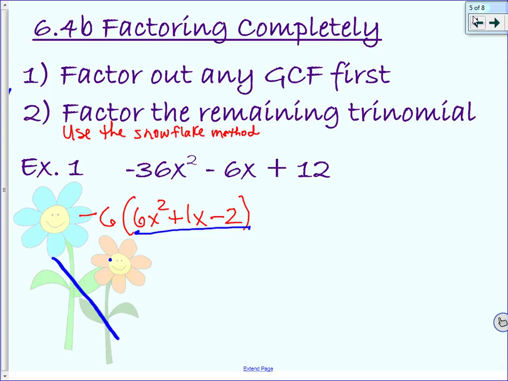So, Charlize, I know you just got back, but what goes at the top of the snowflake? Okay, DJ? Negative... I'm not so sure how to do that off the top of my head.